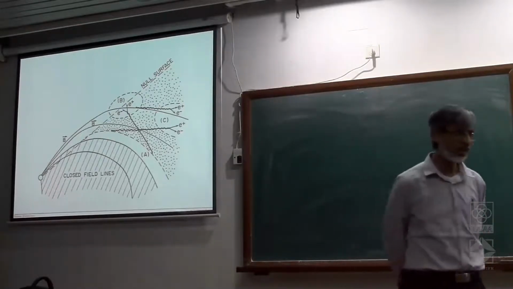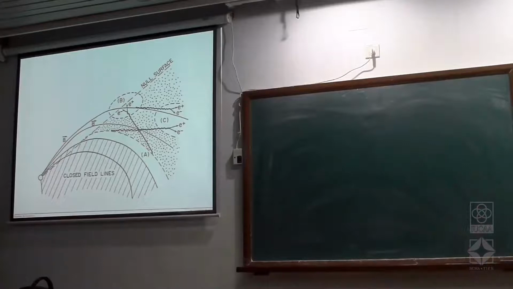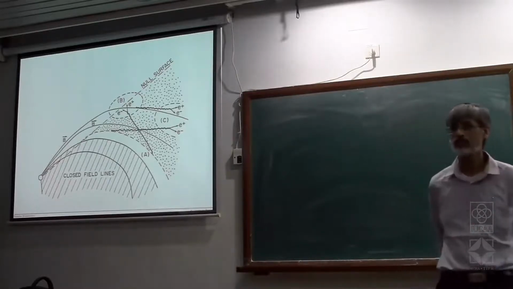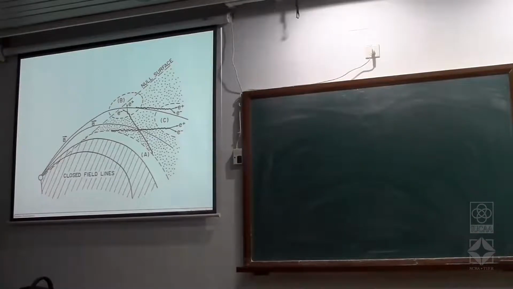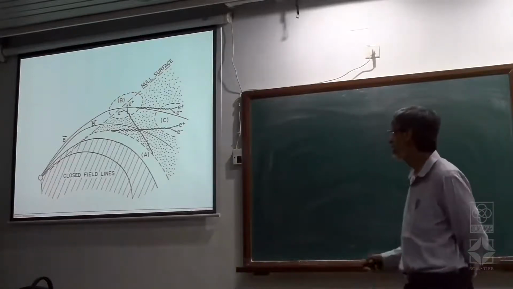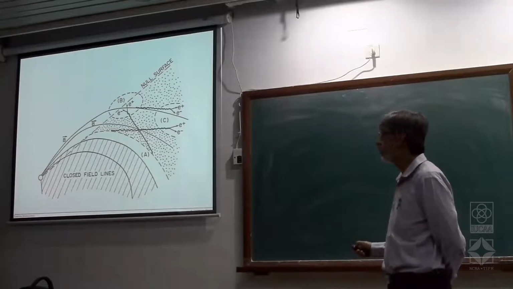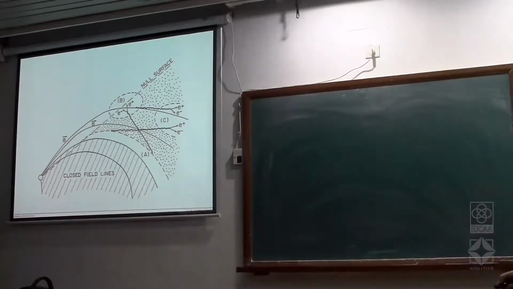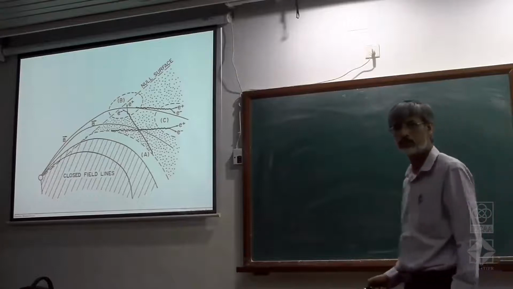Just try taking tangents to this and then see where they end up. So just around the last closed field line, you can have a region which is not easily filled with electron-positron plasma.